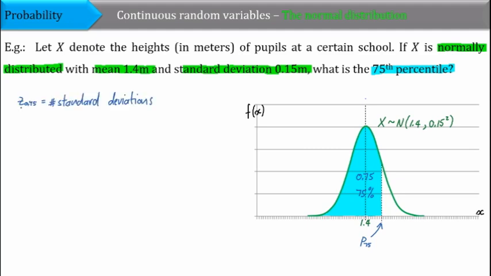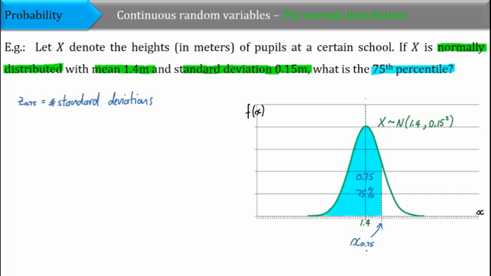So the first thing is, again with the standard deviations, Z subscript 0.75. This is the notation that we will use if we want to find the z-score for a certain percentage of values. We don't know what the z-score is in this case, but we know that it must separate the lowest 75% from the top 25%. So I want the z-score, the number of standard deviations, with the subscript 0.75.